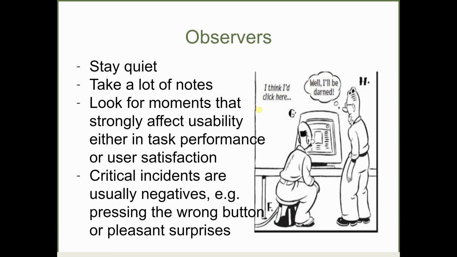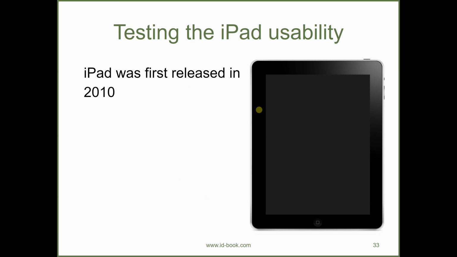For example, if a user completes a task and says, oh, that was easy, this is a critical incident that needs to be recorded and reported. Or if the user just finished a task and says this was so difficult, this is a critical incident, so they need to record this information.